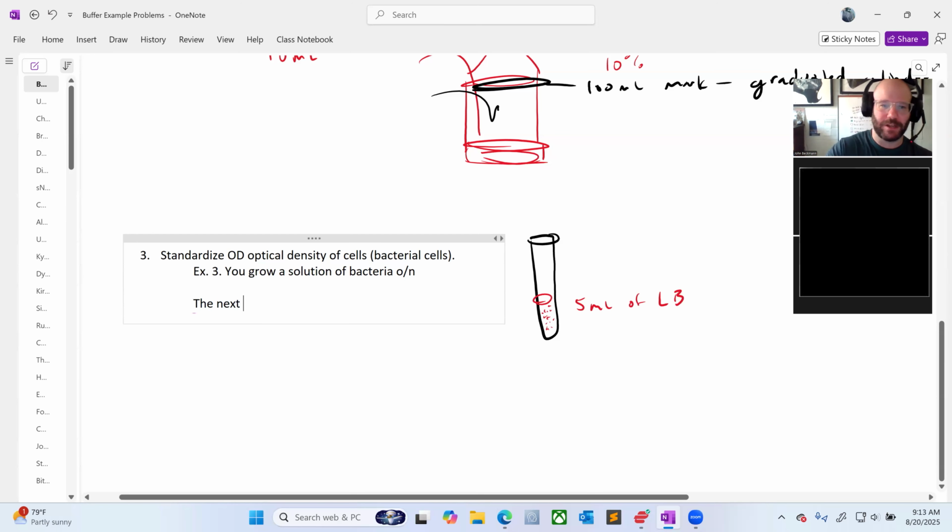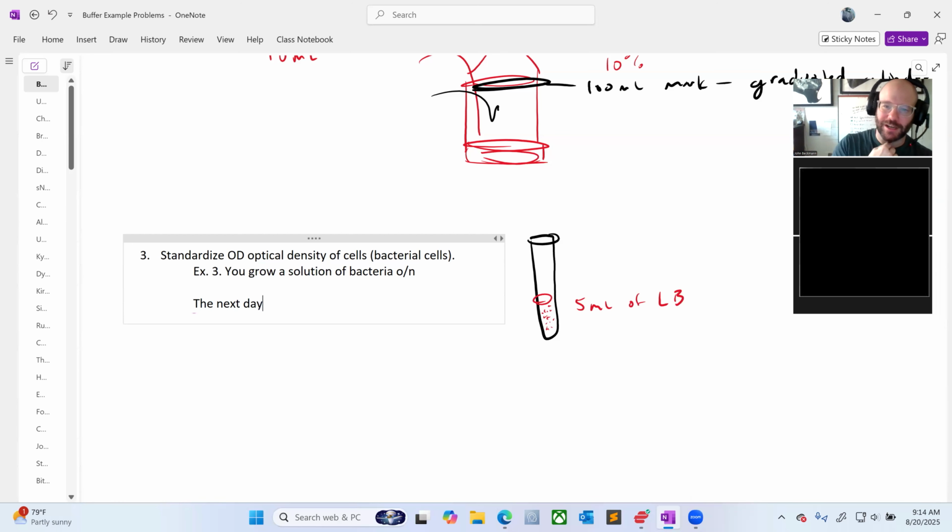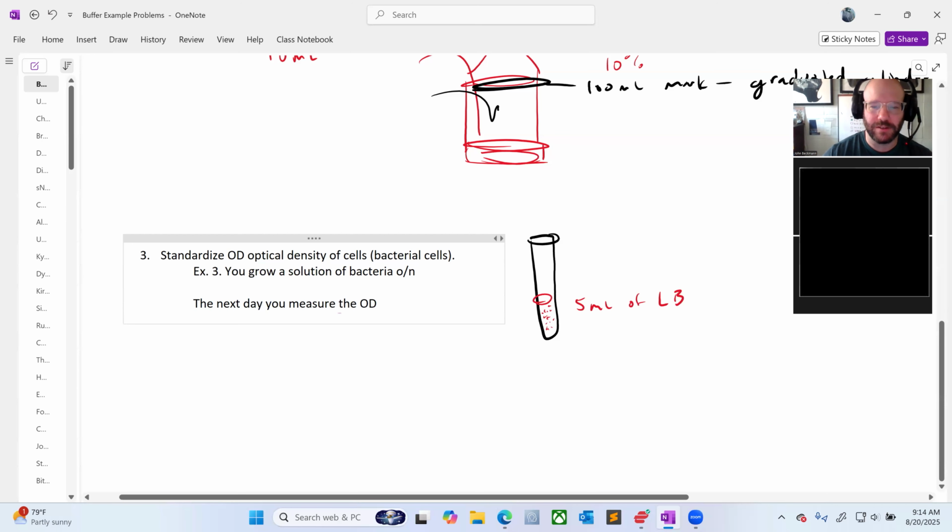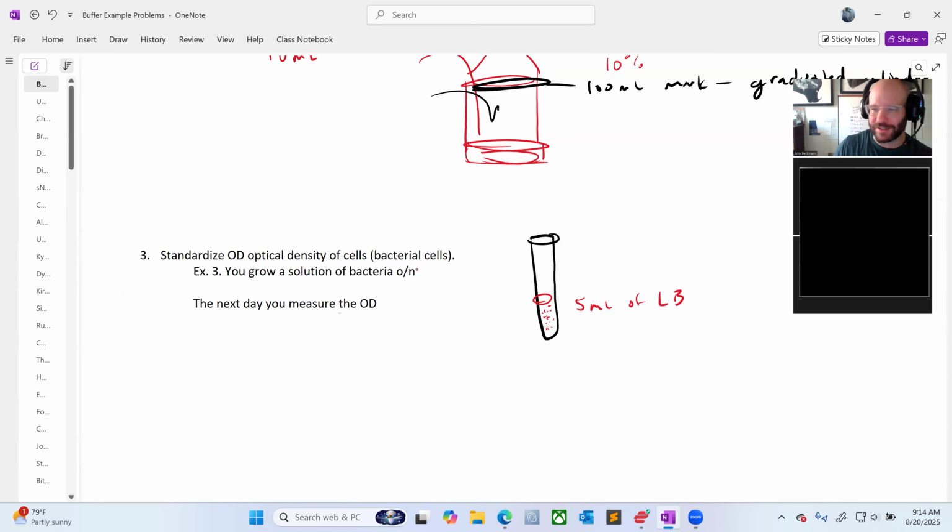you're going to do an experiment. You want to know precisely how many cells are in your experimental tube. So the next day, you measure the OD, the optical density, using the spectrophotometer. I'll train you how to do that later, but for now, we'll just talk about the calculations. Let's say you get a reading of 2.5.